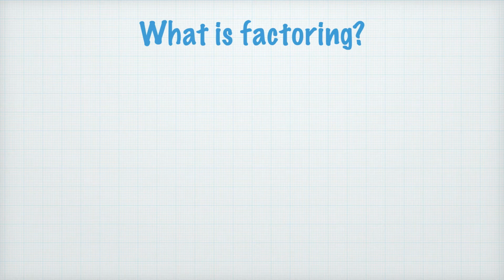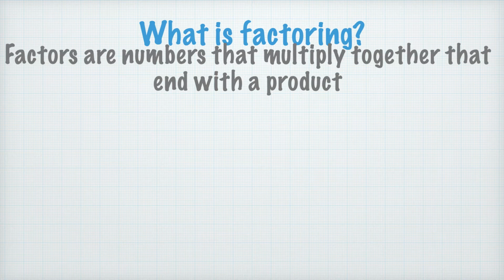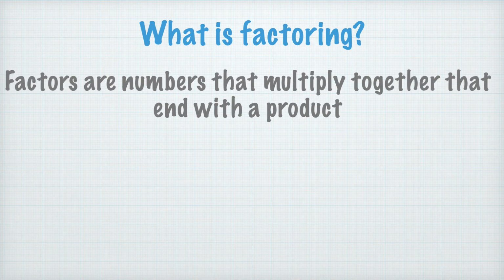First of all, what is factoring? Well, to know what factoring is, you have to know what factors are. Factors are numbers that multiply together to give a product. Okay? So if I have a times 3a plus 7, a is a factor and 3a plus 7 is a factor.